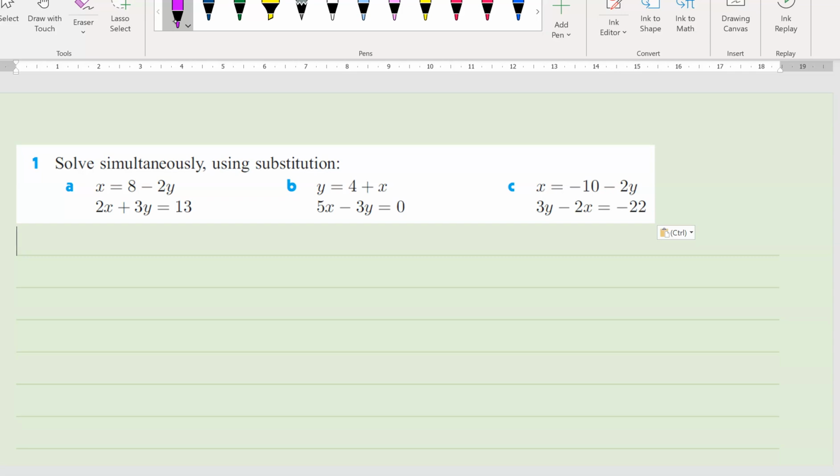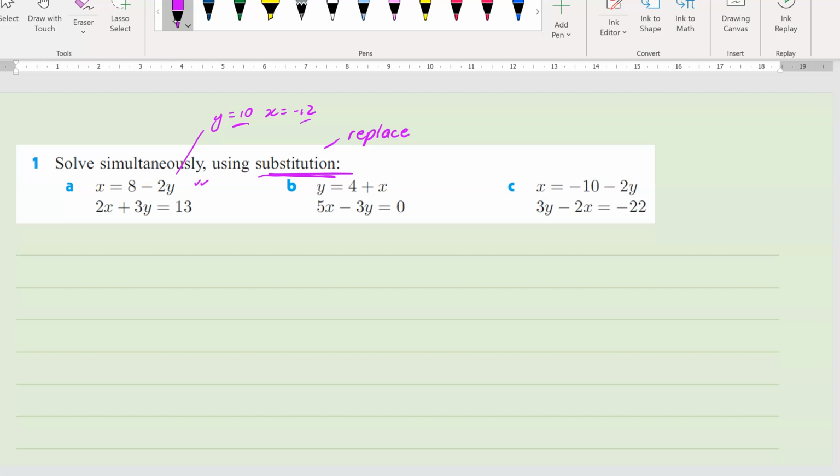So here we go. Substitution, remember, means to replace. Because what we're trying to do is find an equation that will work for both of these situations. So, you know, we could try this, and if we said y is 10, 8 take 2 times 10 is 20, so 8 take 20, we get x is minus 12, and so that works for this equation.